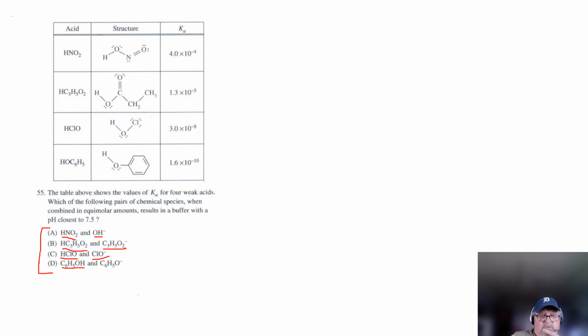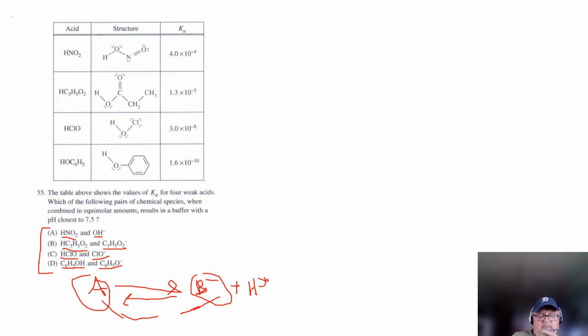So you have HA going to conjugate base plus H plus, and you have this and this. And these are going to be in equal amounts.